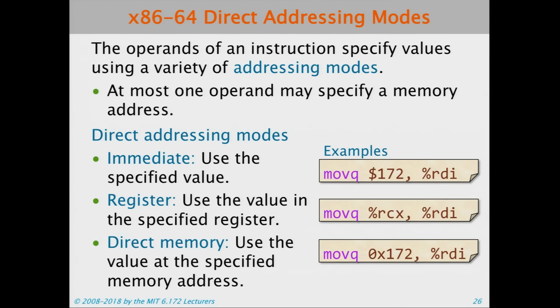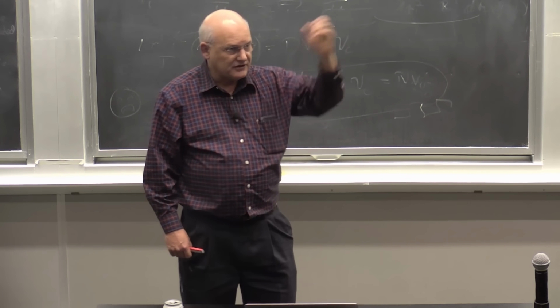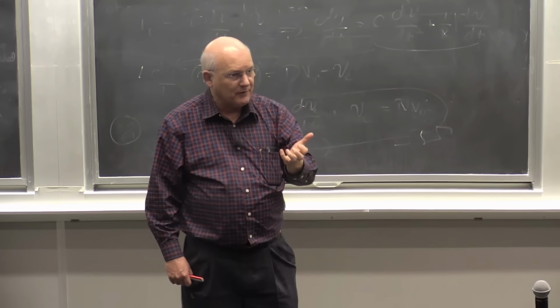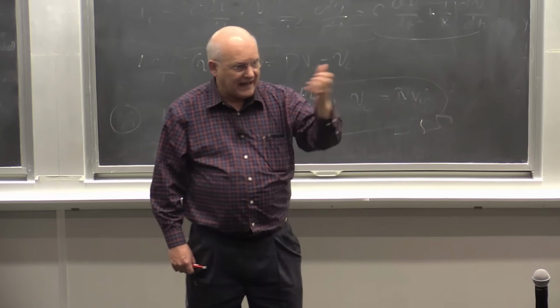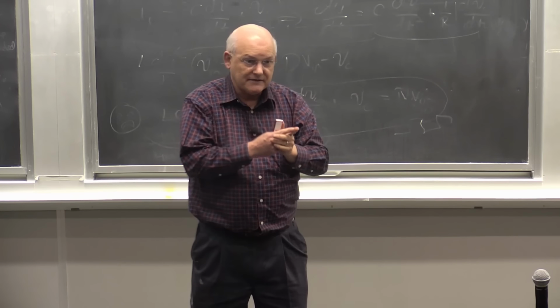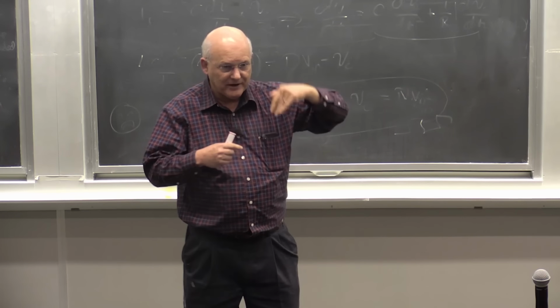And direct memory says use a particular memory location. Okay, and you can give a hex value. When you do direct memory, it's going to fetch it out of that. It's going to use the value at that place in memory, and to indicate that memory is going to take you, on a 64-bit machine, 8 bytes to specify that memory.